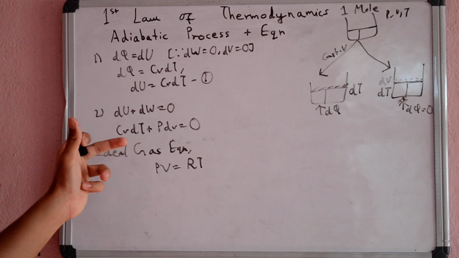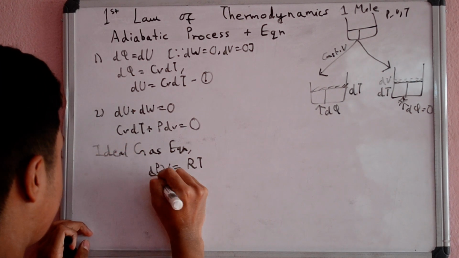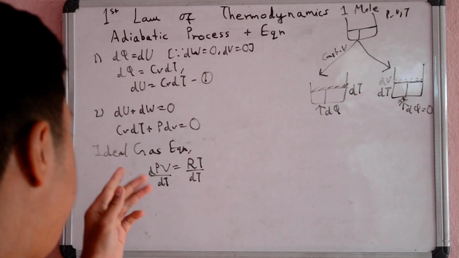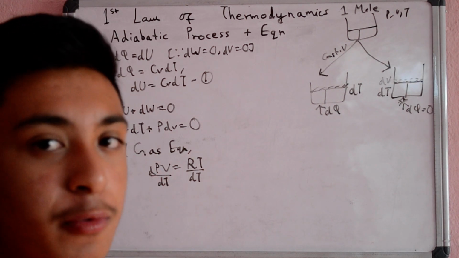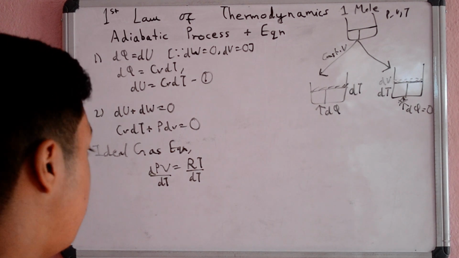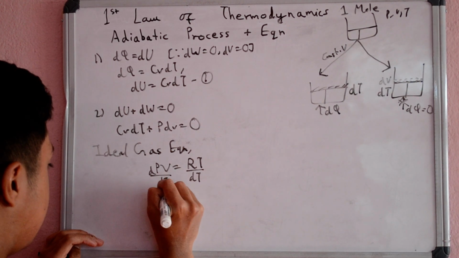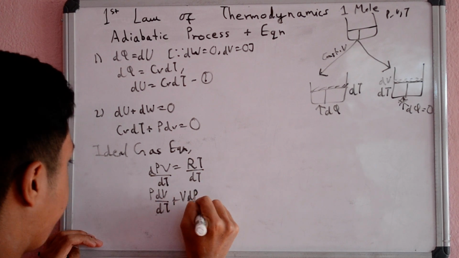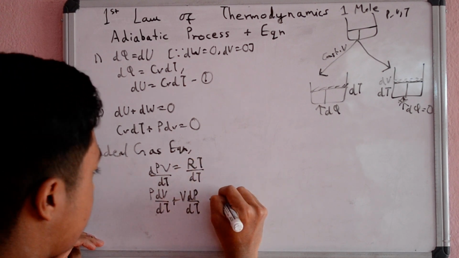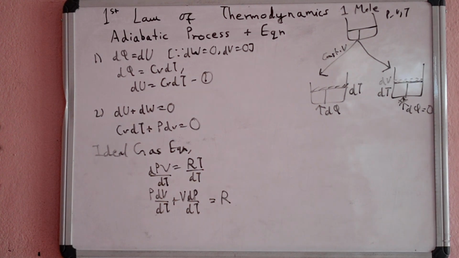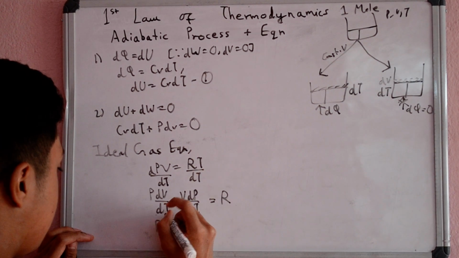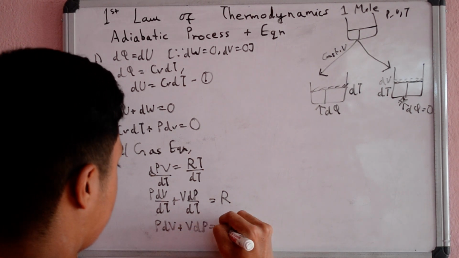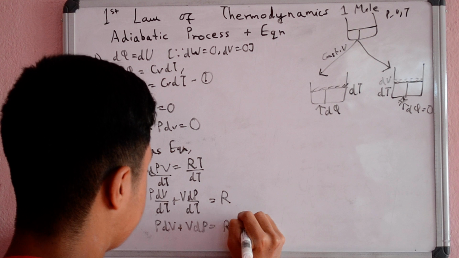Now we differentiate both sides with respect to T. Here, unlike in the Cp and Cv part, pressure and volume are both variables, so we need to use the product rule for derivatives, which gives P dV/dT plus V dP/dT equals R, since R is constant and dT/dT is 1. So we get P dV plus V dP equals R dT.